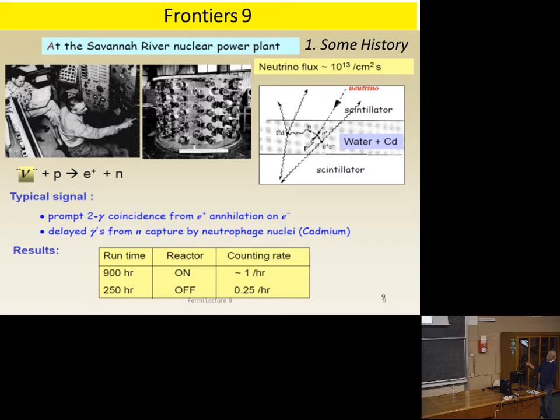The positron doesn't go very far. The neutron then interacts and gives off a delayed signal from a gamma ray that's made in the interaction. This is a product of the fact that the neutron makes something heavier, and that has a decay time that's later.